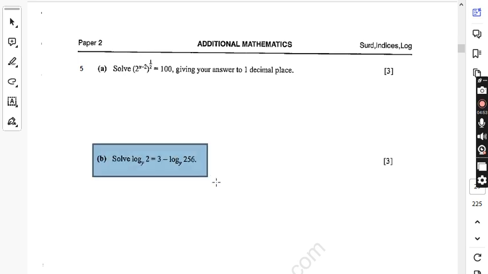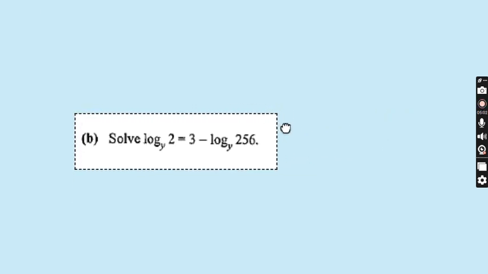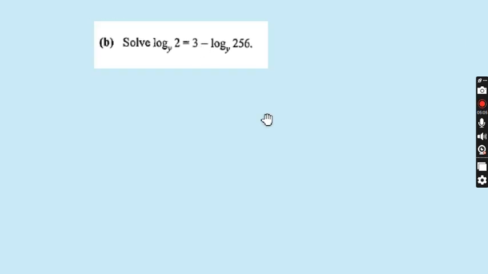Now move to part B. What is part B of this question? Solve log base y of 2 is equals to 3 minus log base y of 256. Very easy question. Write log base y 2 is equals to 3 and add log y with 3.